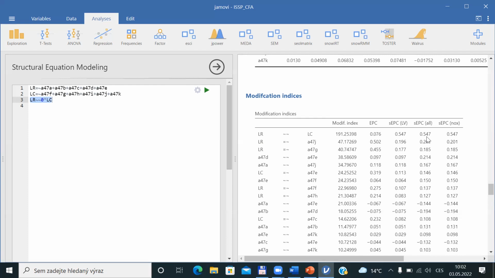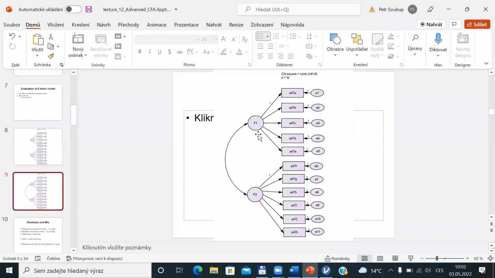So it means the standardized estimate of covariance for the relationship between left-right and liberal-conservative. So from a substantive point of view, that's a very, very big value. And that's why maybe I would decide to switch to a different model. And that was my goal, to differentiate these two models. And at least currently we know that this model is much better than the previous one.